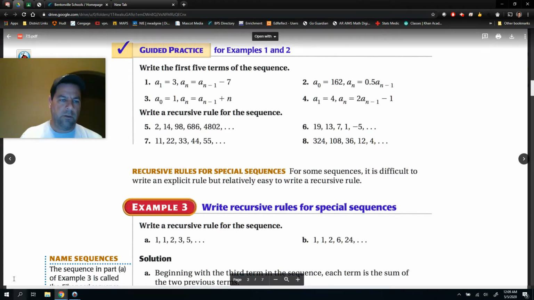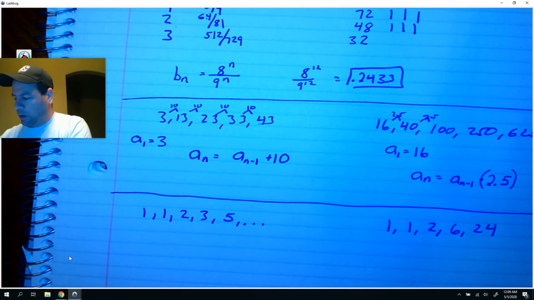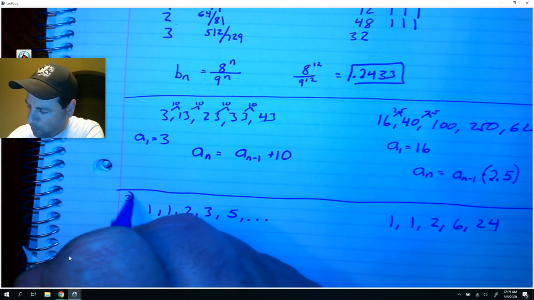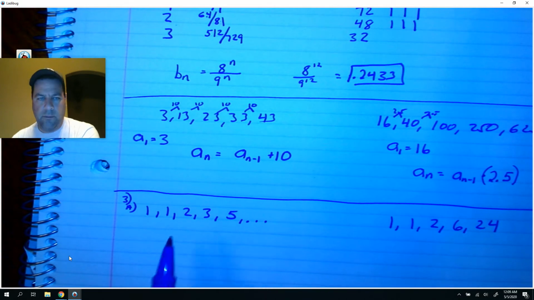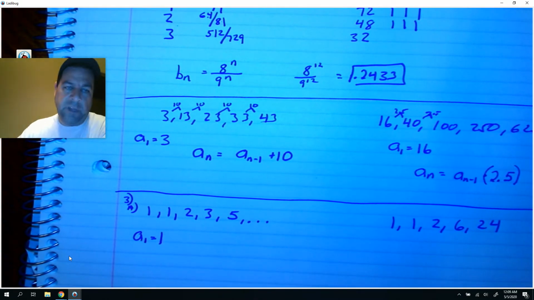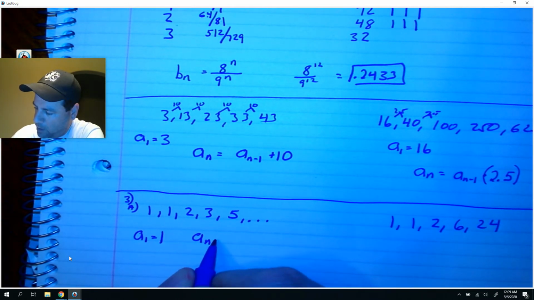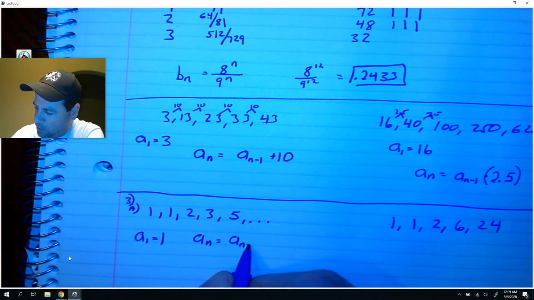Okay? So let's go down here. This is example number 3. A. All right? A sub 1 equals 1. That gets you, I wouldn't say half the problem, but it comes close to it. A sub n equals A sub n minus 1.